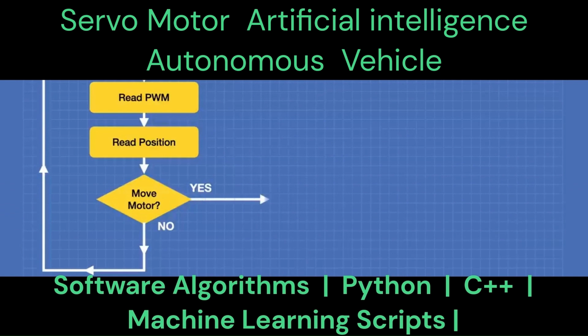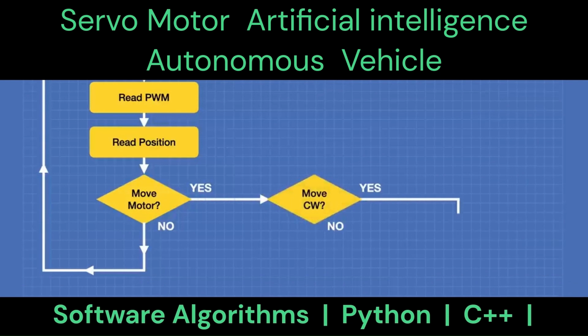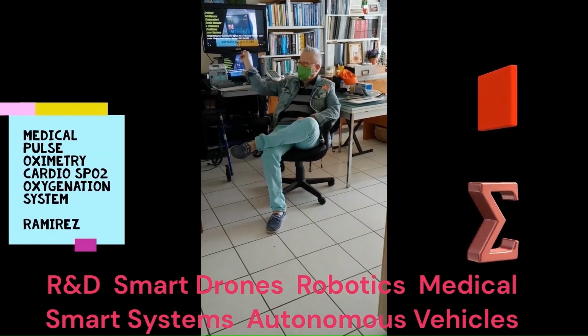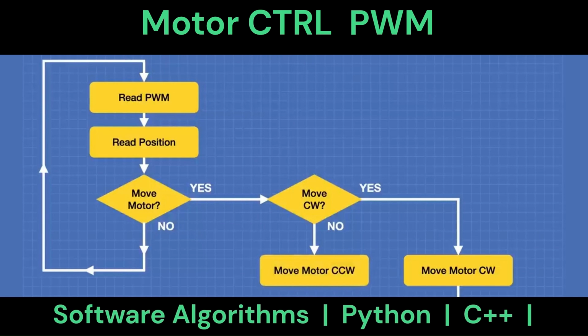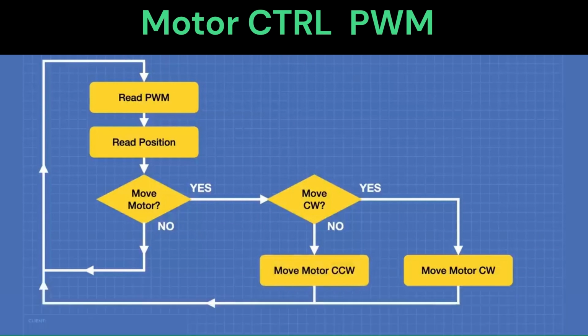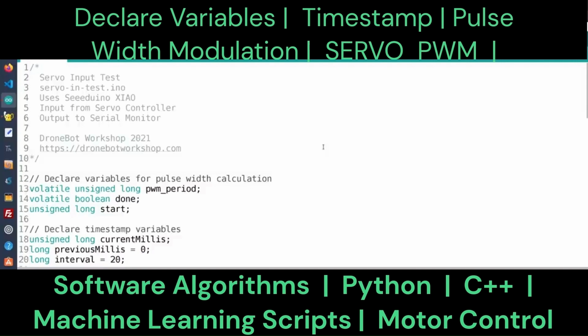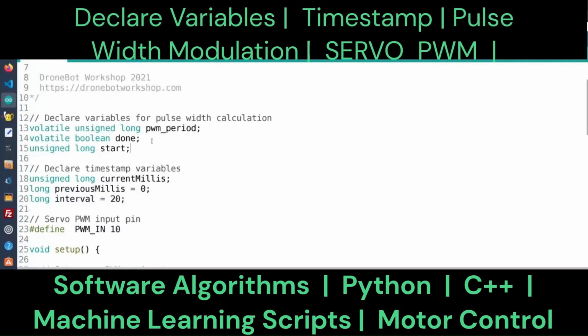With a standard servo motor, that control signal is a logic level pulse width modulation waveform, PWM. The pulse width of the PWM waveform is how the servo positions its controller.